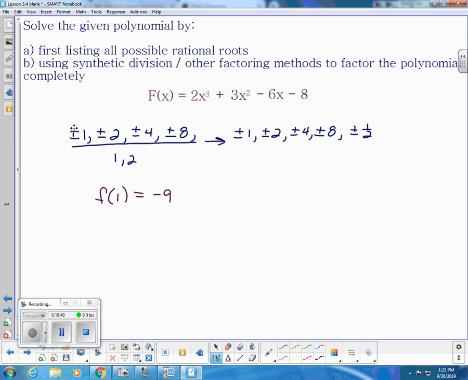It's not 1. It's not negative 1. It's not 2.